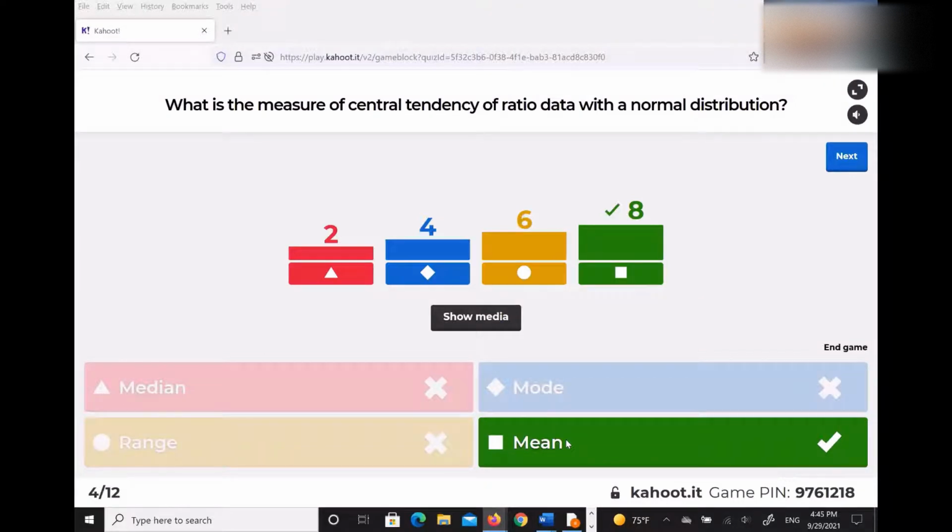Got Angela, but who else? The mean is equal to the mode and the median, right? So all of them are equal to each other. Okay? But in this case, they use the mean to measure the central tendency or the center of the data set.